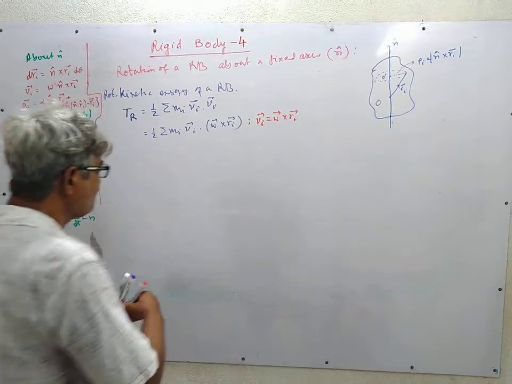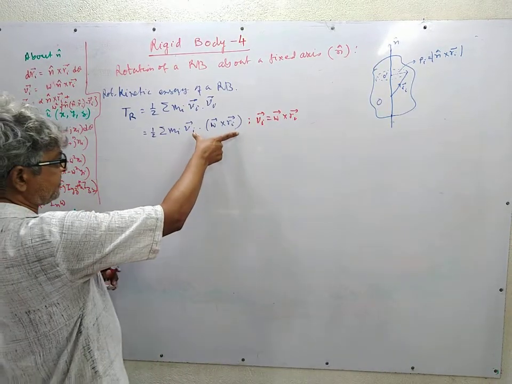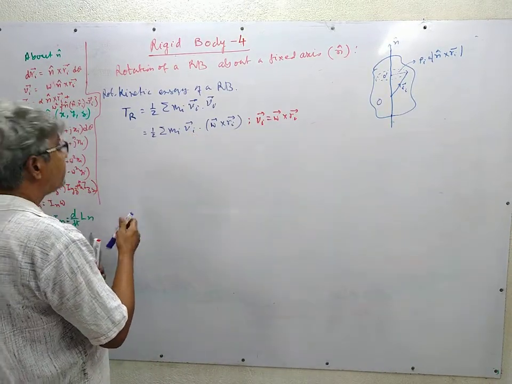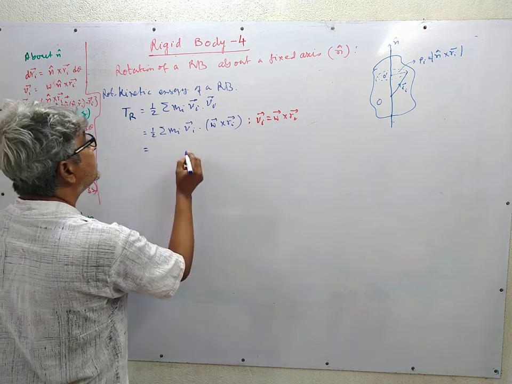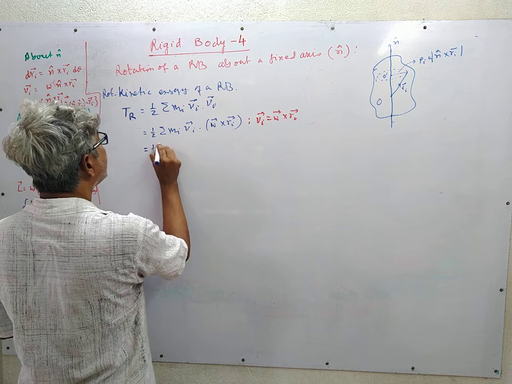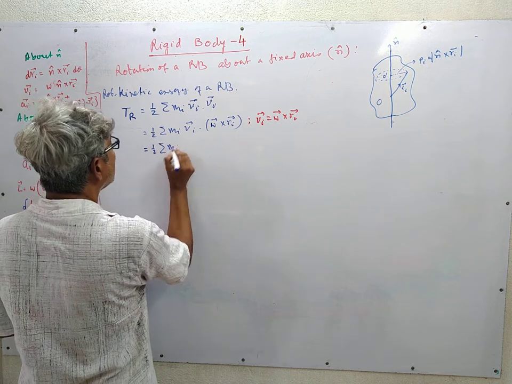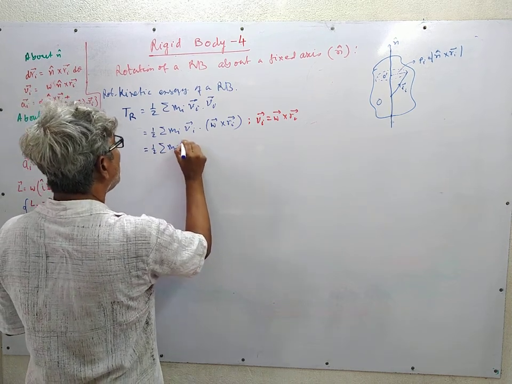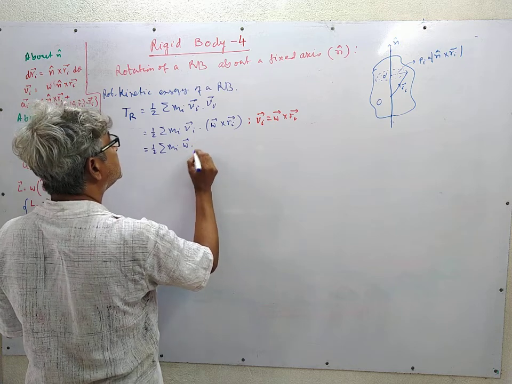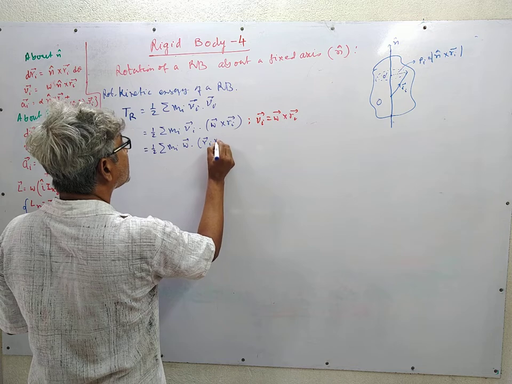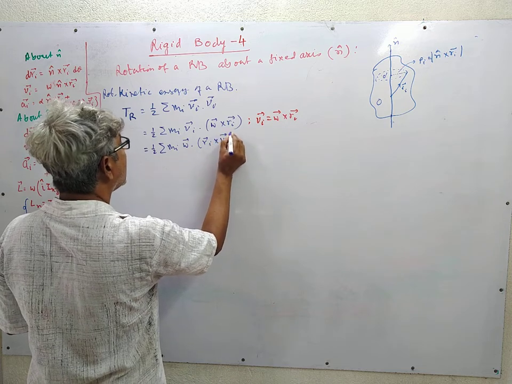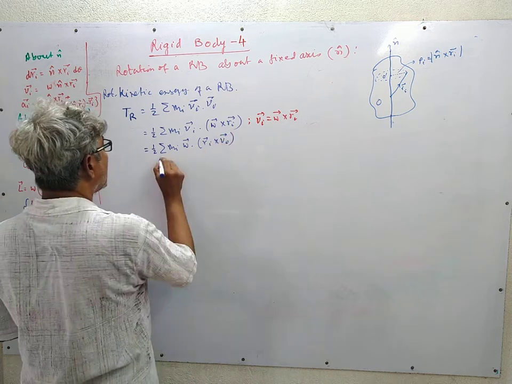So this is a scalar triple product which can be written with omega taken out. So this is half summation over m_i omega dot R_i cross v_i, sum over i.